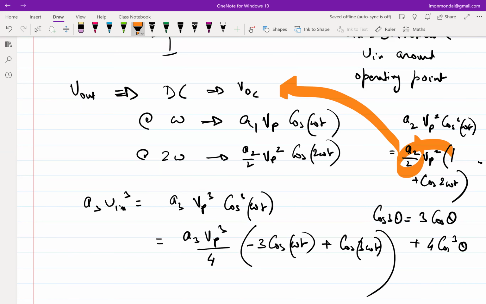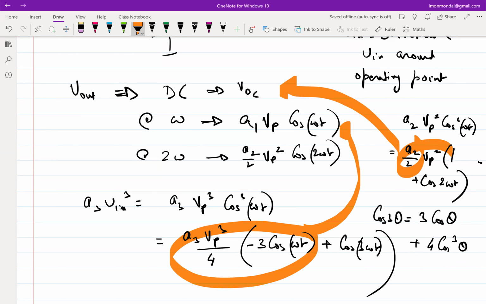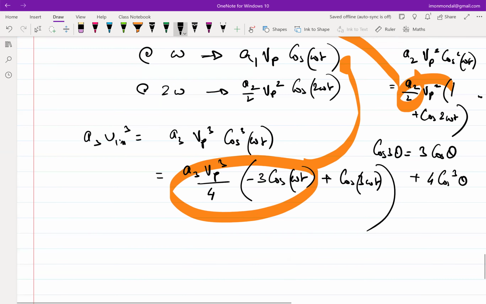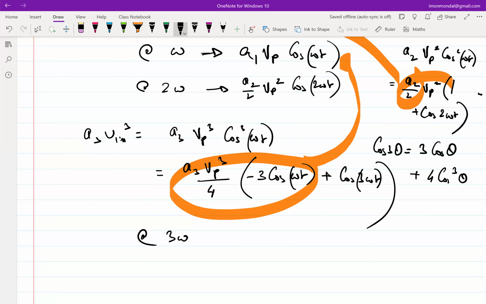So this term contributes at omega, and at 3 omega you get A3 VP cubed by 4 cosine 3 omega t.